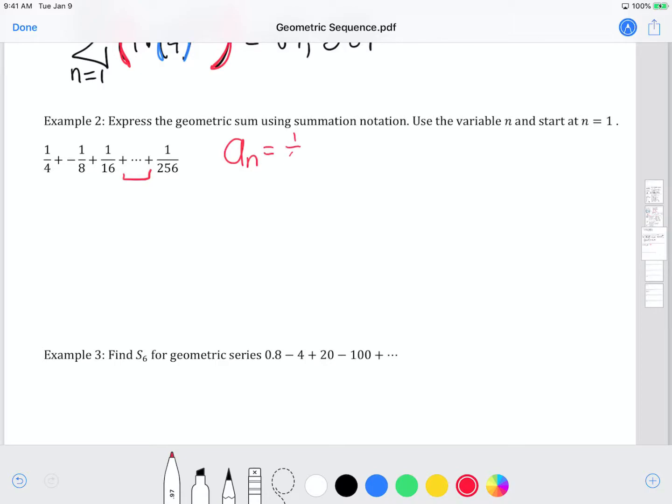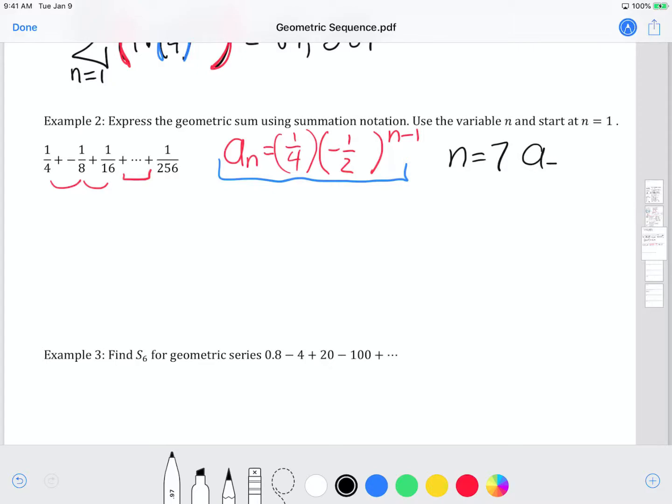Our first term is 1/4. Our value of r would have to be -1/2. To get from one term to the next, I would keep multiplying by -1/2. So here is our nth term. Using a little guess and check and plugging in some different values of n, we're going to find that 1 over 256 is when n is 7. So a7 is 1 over 256.